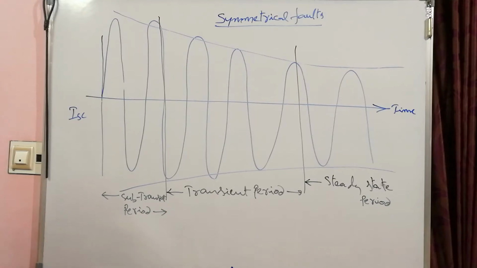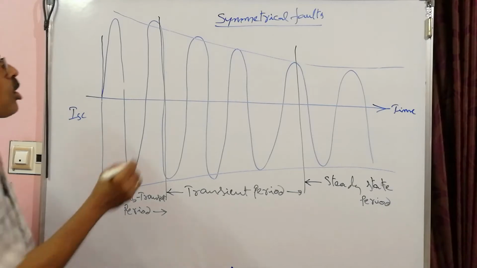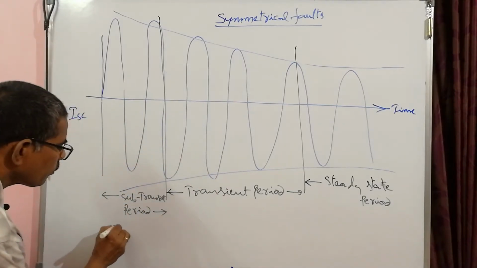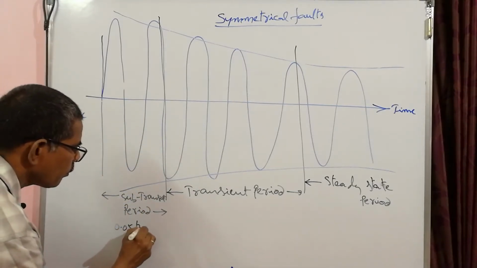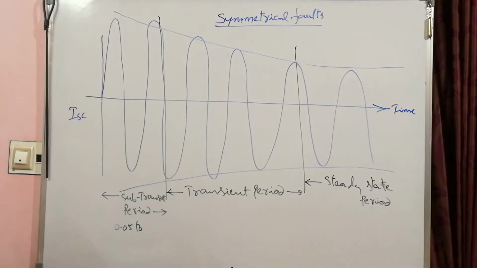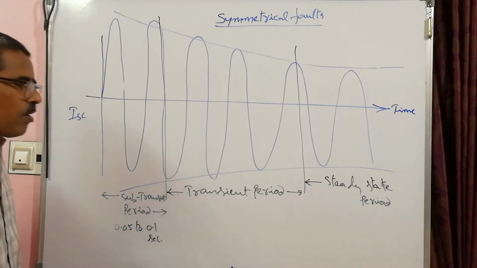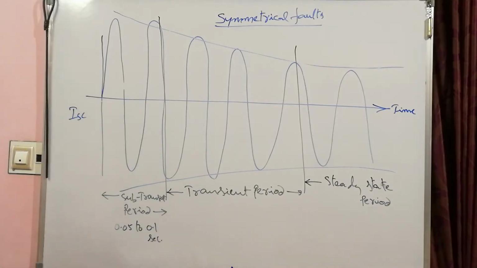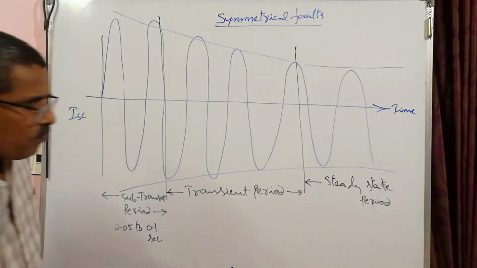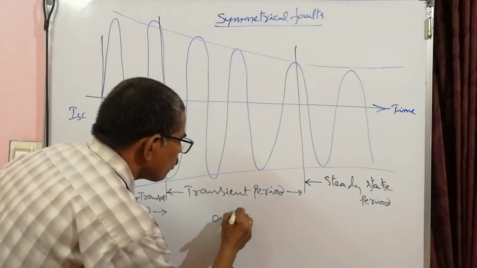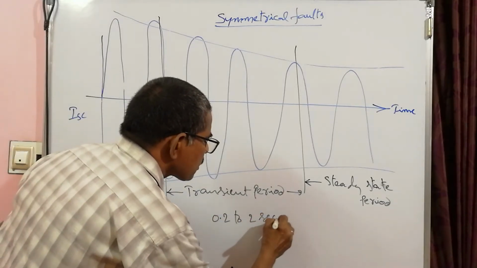And if you observe these durations, the first or subtransient period lasts for 0.05 to 0.1 seconds, whereas the transient period lasts for 0.2 to 2 seconds.